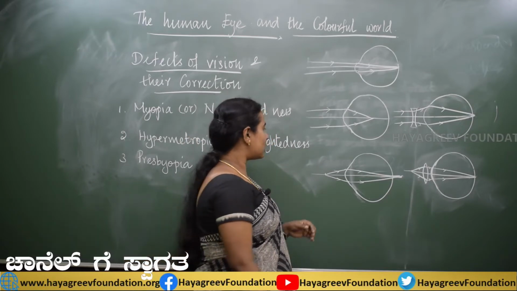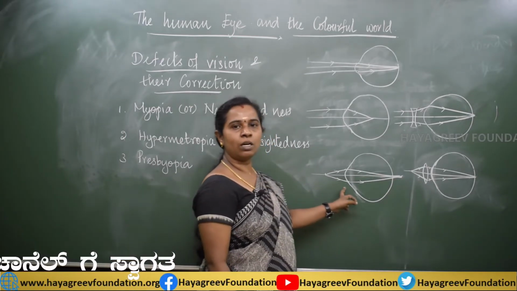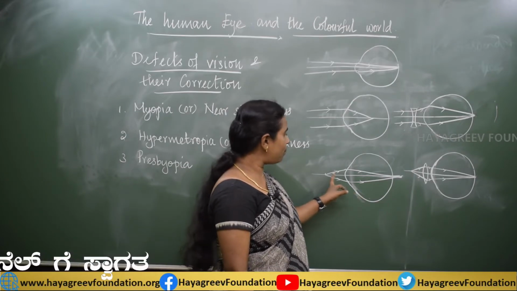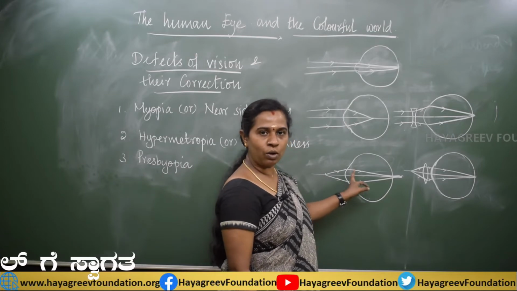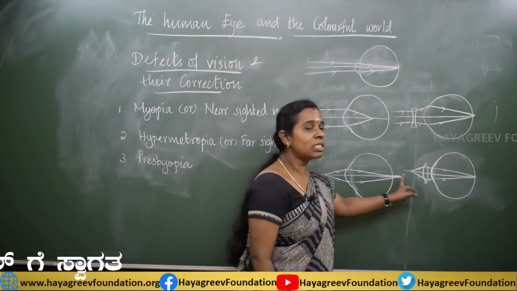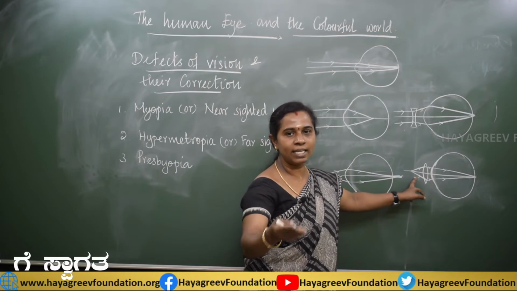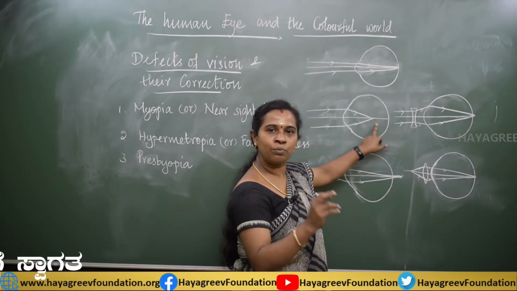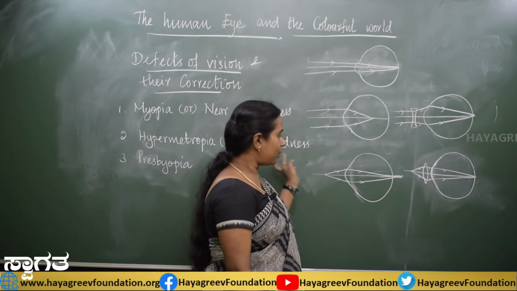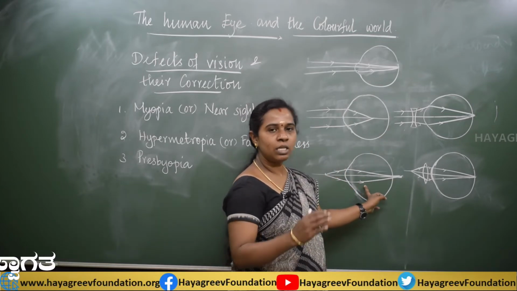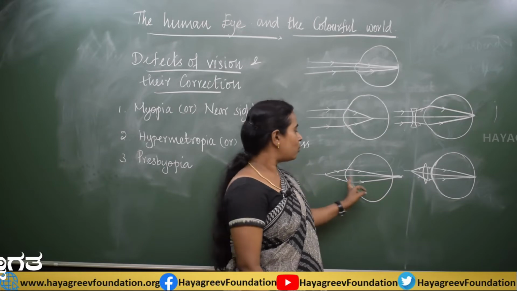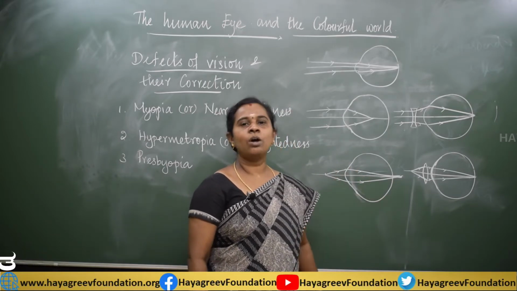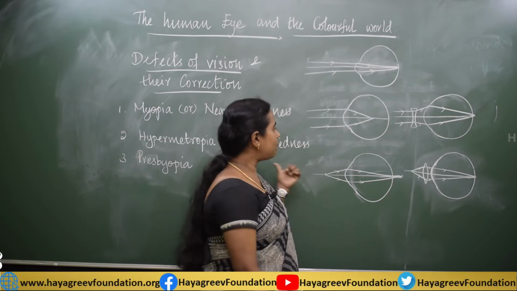In long-sightedness or hypermetropia, the problem is that when light from a near object falls on the eye lens, it focuses beyond the retina, behind the retina. In myopia, the rays focus in front of the retina, but in hypermetropia, the rays focus behind the retina. So they are unable to see short distance objects. How can we correct hypermetropia?